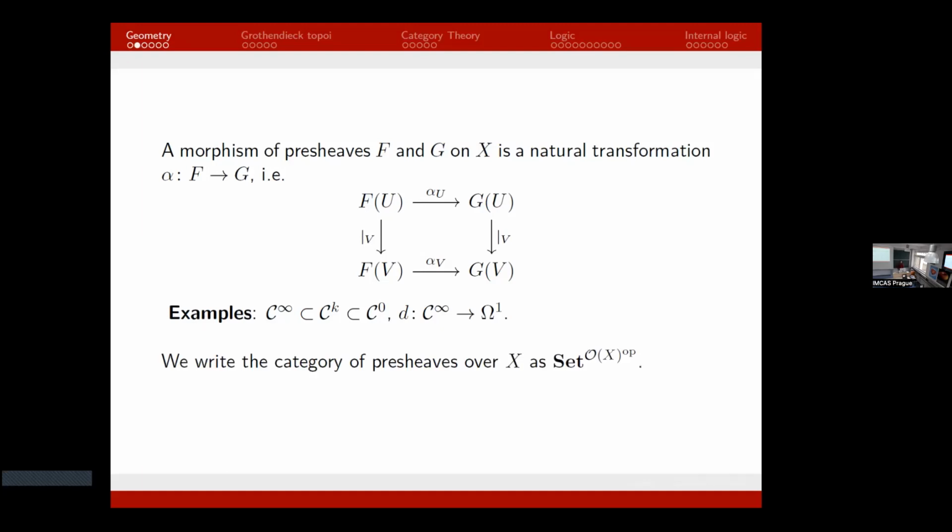Okay, we denote the category of presheaves in this form, which is reminiscent of the way exponential objects are denoted, which we'll see later in detail, but it means that we're taking the functors from the top object to the bottom object, so from O(X) to Set, just notation.